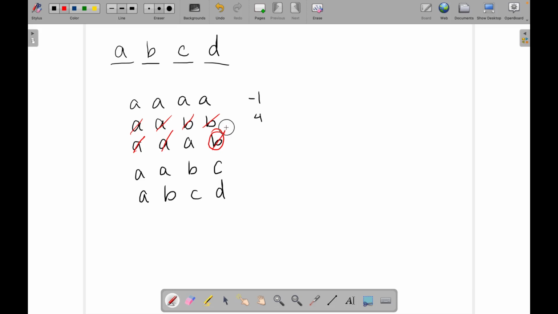We can do it like this, which would be 6 operations, or we can also do this, which is also 6. In the end, to get them all working properly, you need 6 operations.